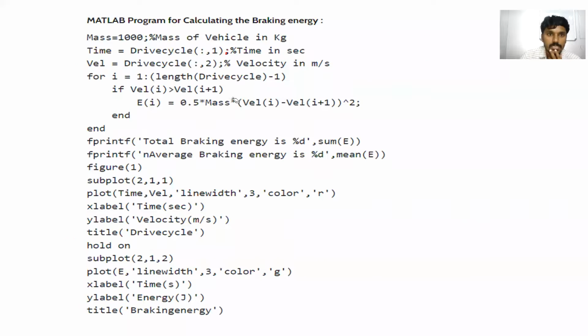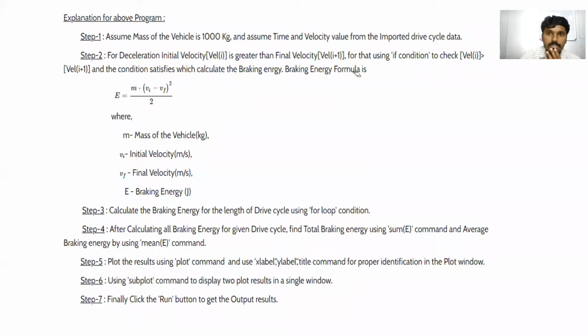So if this condition is satisfied, VEL of i greater than VEL of i plus 1, then calculate how much energy is consumed by the vehicle when the braking is applied. For that purpose, how much energy is calculated? So for that purpose, we are going to put one equation.